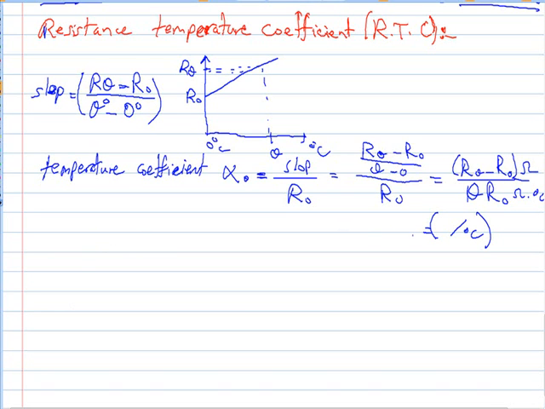So from this equation we can find the resistance at any temperature, which is R theta minus R0 equal to alpha multiplied by theta R0.